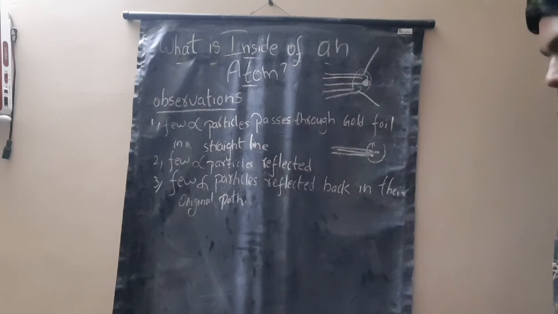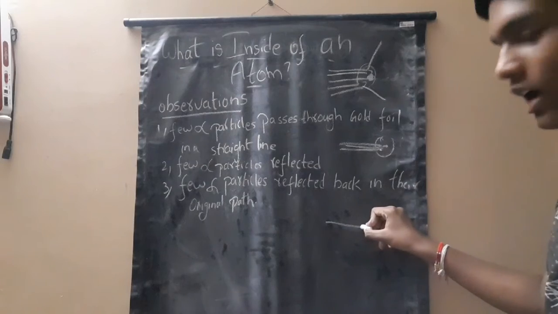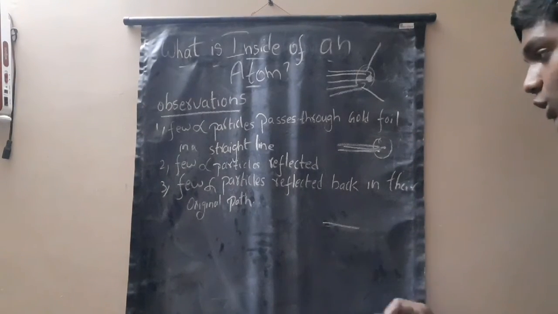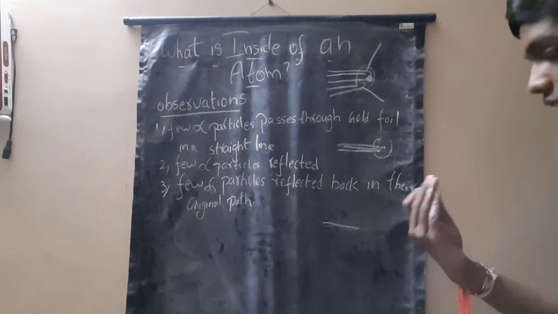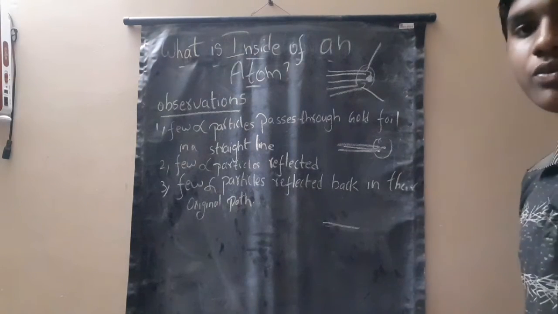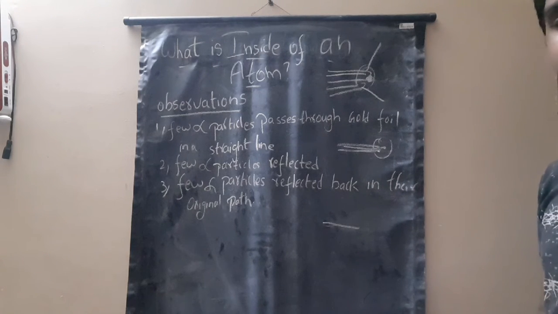One alpha particle traveled in one direction, and again it goes back along the same path. First, it travels along one path, and second, while reflecting, the alpha particle returns along the original path it traveled.